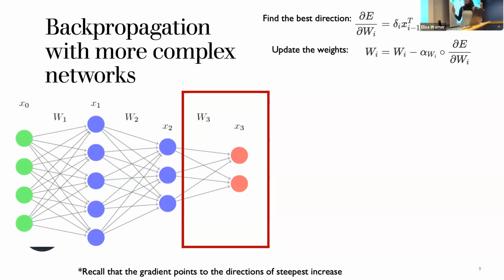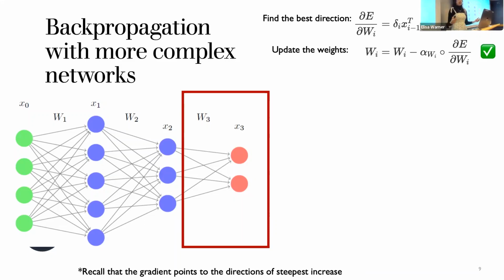The direction is going to show us which way we should lower our weights in our neural network that will result in a lower loss. And then we want to move a small step in that direction. So that's this alpha wi for each weight. So find the best direction, update the weights.